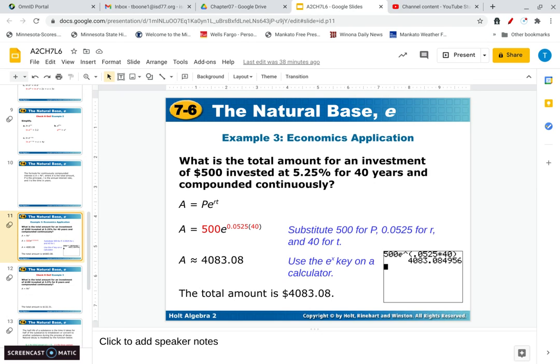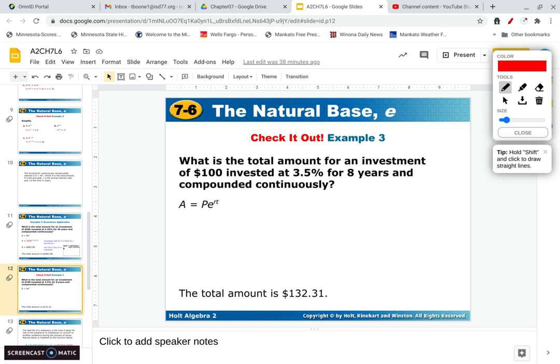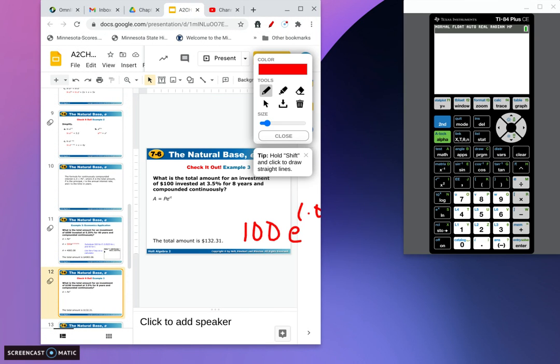Let's set up one for ourselves. We're going to take $100 and invest it at 3.5% interest for 8 years and see what we get. Once again, the original amount, the principal, is 100. We're going to go e to the r, and remember that's 0.035. I always write it as a decimal. And then the number of years is 8. Let's put that into the calculator. Take 100 times, and then that little e button.